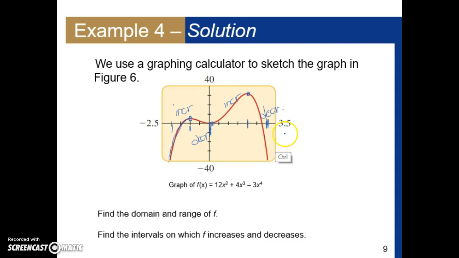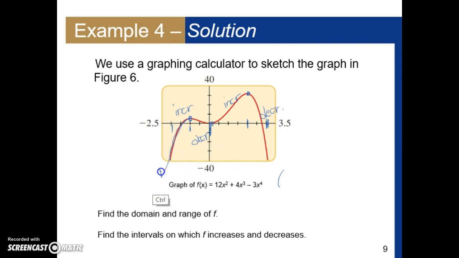So we usually get asked, for what domain values does a function have a certain behavior? If we were asked over what x values this function is increasing, I'm just going to go from what I can see on here.